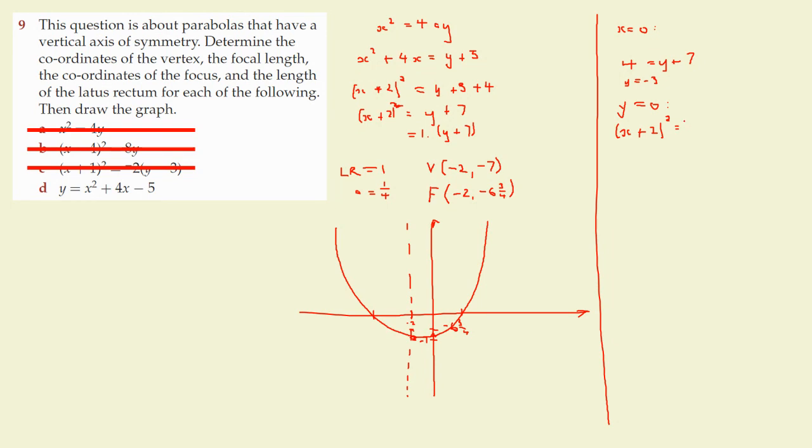Yeah, y is 0. So if I like then, x plus 2 is square rooting both sides, remember? Well, I can't square root 7 easily. I'm going to have to leave it as plus or minus root 7. So x is -2 plus or minus root 7, rearranging that.